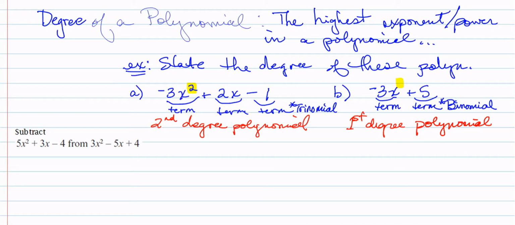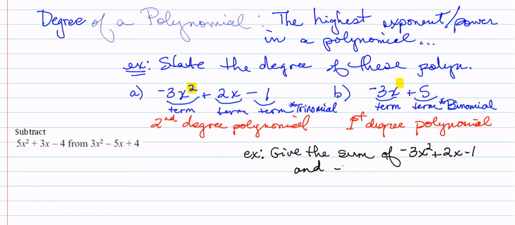I'm going to say example here right underneath. Give the sum of negative 3x squared plus 2x minus 1 and negative 3x plus 5.